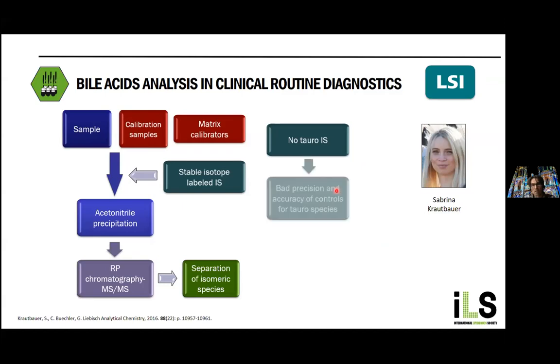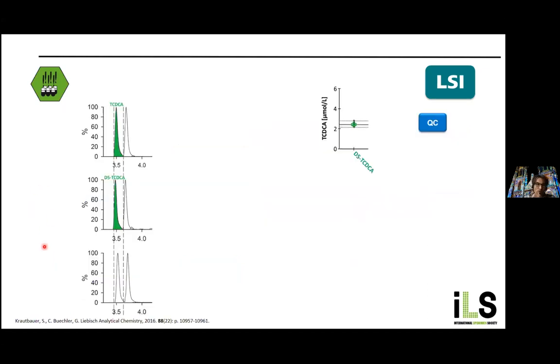We had not good precision for the Tauro conjugates of our controls. But then they became commercially available. We bought them, and Sabrina in our lab investigated the performance in detail. We compared the results with the gold standard internal standard, a D5 labeled TCDCA in that case.